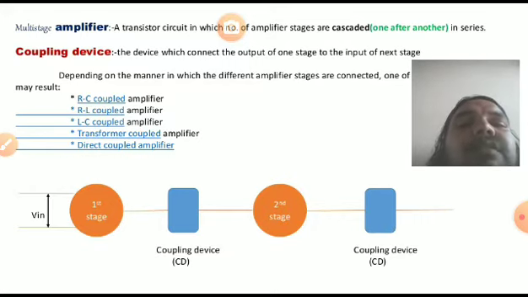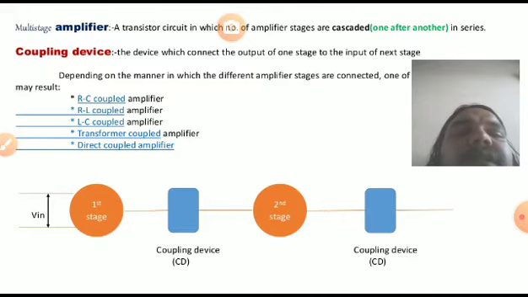Next is the basic block diagram, that is first stage and second stage. When there are one or more stages, it is called a multi-stage amplifier, as shown in the figure.